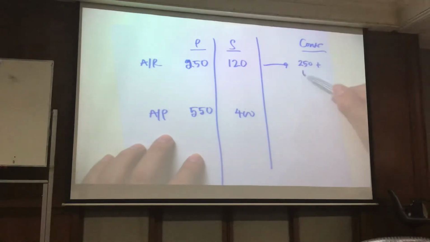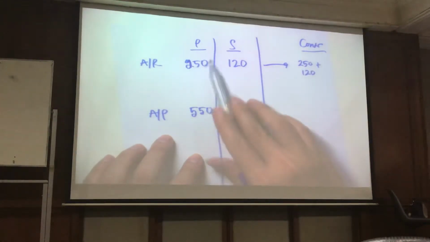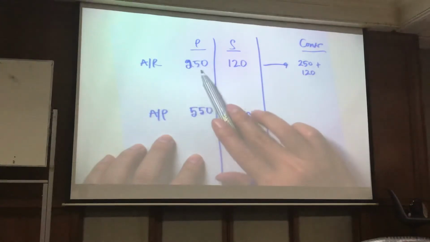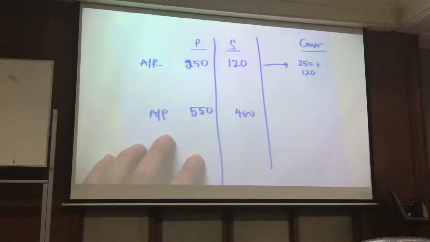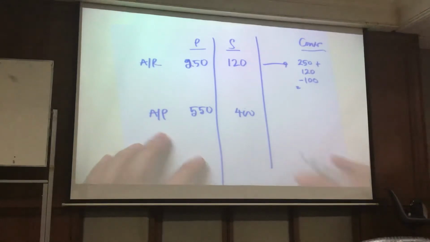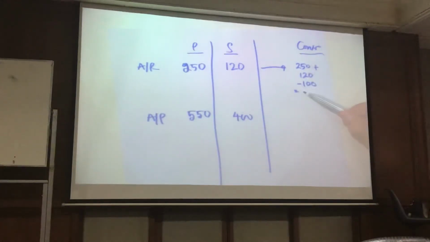Consolidation should be what? 250 plus 120, but in this AR of 250, the subsidiary is in there. We need to subtract 100 to get the right AR. So the total AR that the group company has the right to claim from outside the group should be 270.